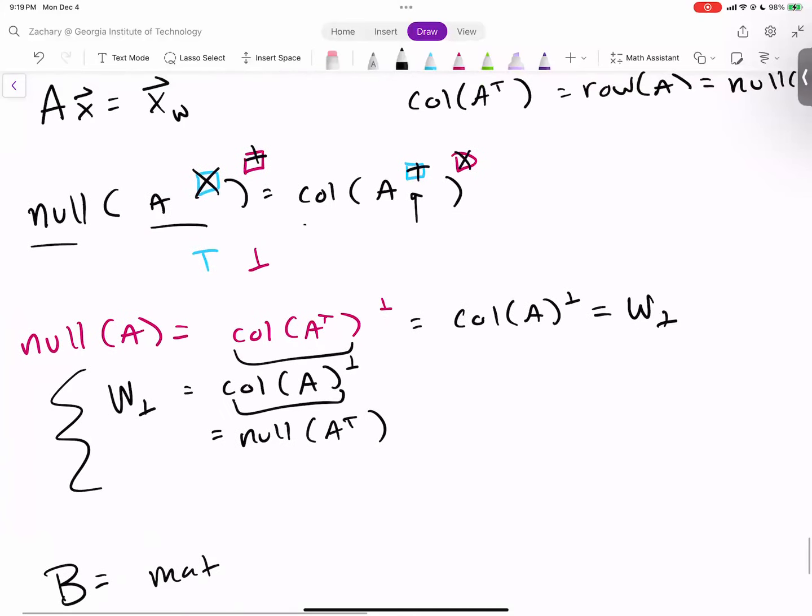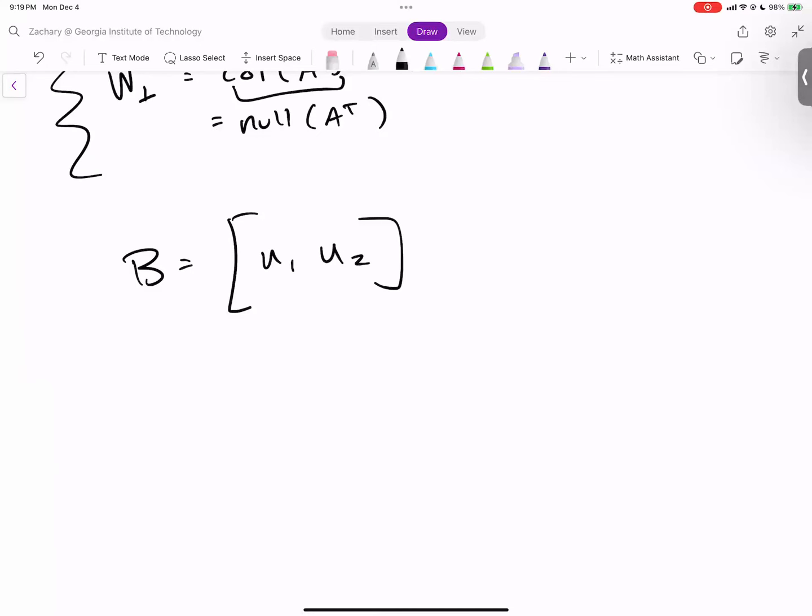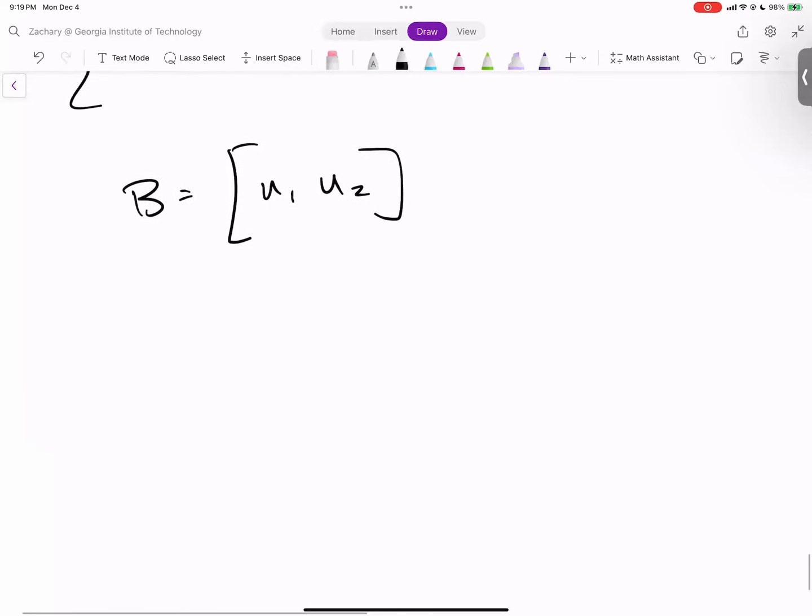So you want to know why this equation is true? I don't think it hurts. It only takes a second for me to explain. So let's let a matrix B be the vectors that construct W. So far, so good. We're looking for some W to be orthogonal to U1 and U2 to construct W perp.